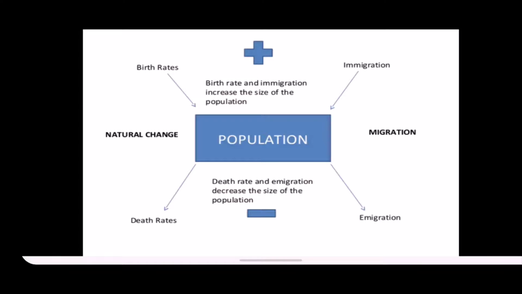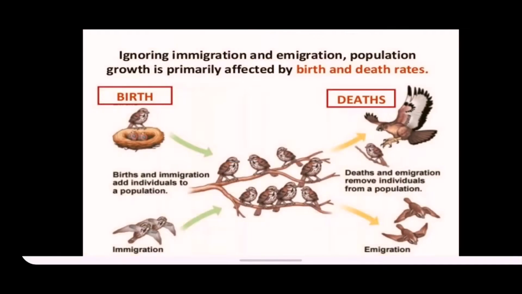So here you can see that birth rate and immigration increase the size of the population. Death rate and emigration decrease the size of the population. Birth and immigration add individuals to the population. Death and emigration remove individuals from the population.